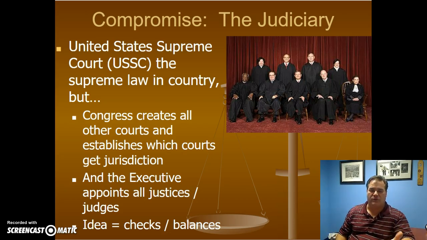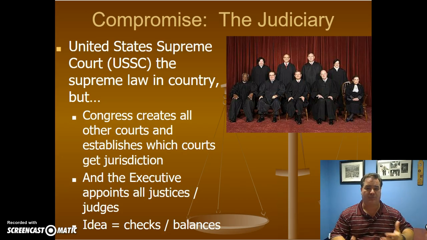Not how he went about pushing that plan, which might have been a little aggressive, but it was constitutional. Why? Because Congress creates all the courts and establishes who serves on what courts, their jurisdiction, meaning what kind of cases they can hear, that kind of thing. And the executive gets to appoint all the justices and judges.